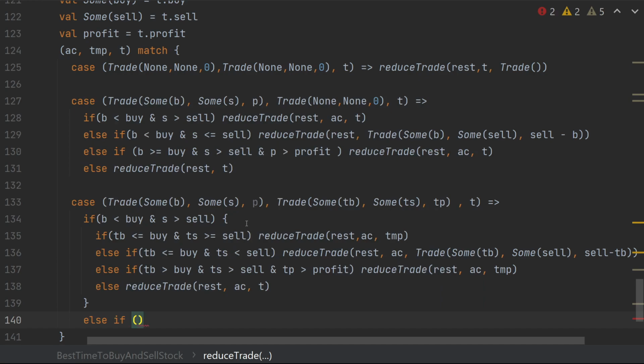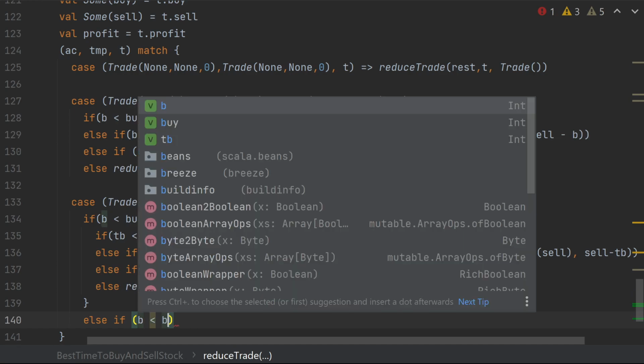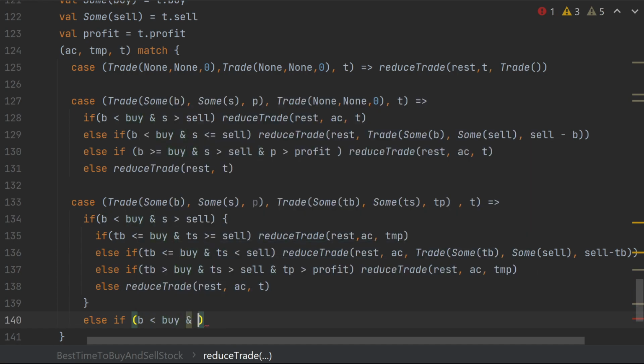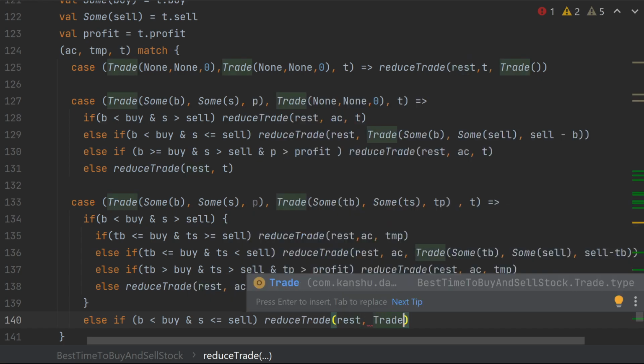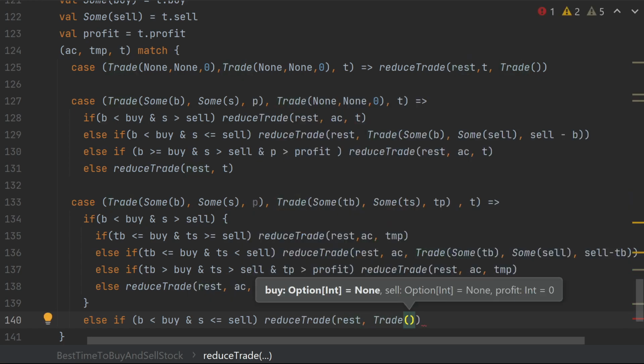Again, likewise as we did here, b less than buy and b less than equal to sale. Similarly, we are going to implement something similar. B is less than buy and we have sale which is less than equal to sale. Now in this case, we know that it is going well, so we will just do reduce trade and we are going to pass the trade, and the trade is getting updated.